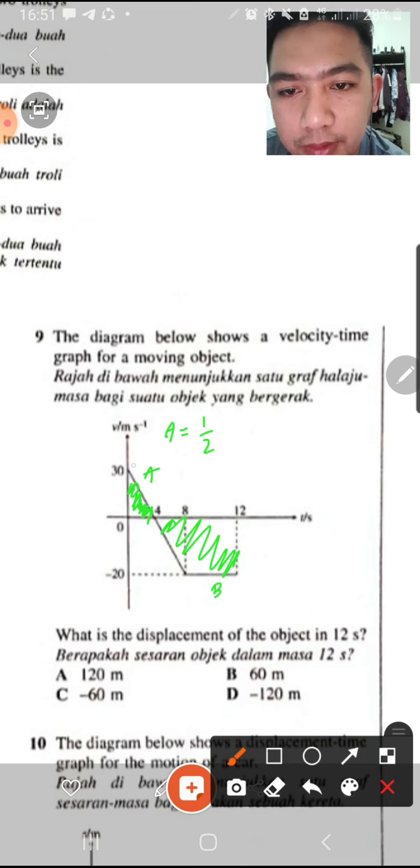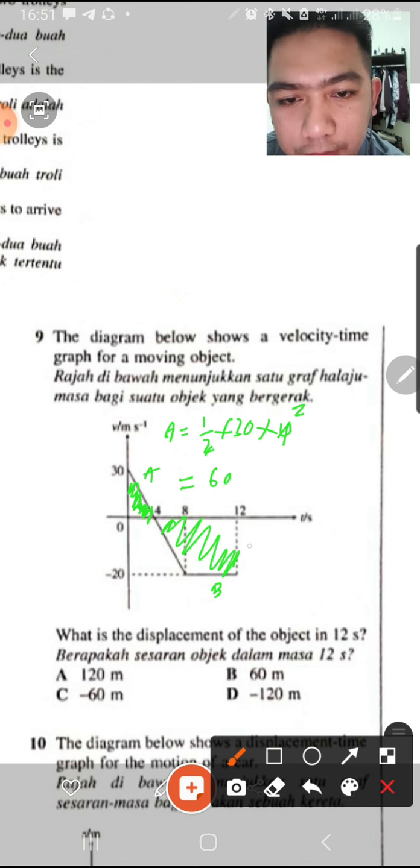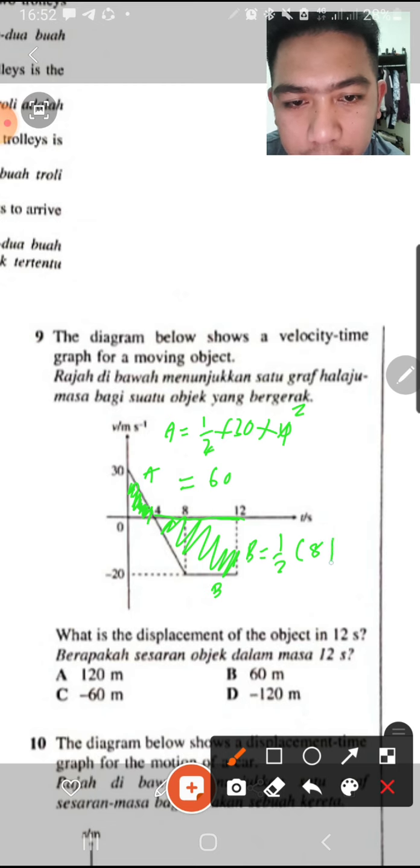1/2 times its height 30 times 4 as the base. So you will get here 60. For B, B is a trapezium. So 1/2 times A plus B, its parallel sides, parallel lines. So here 8, 4 to 12 is 8, plus B, 8 to 12 is 4, and then its height is 20.